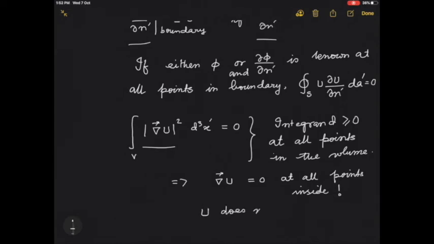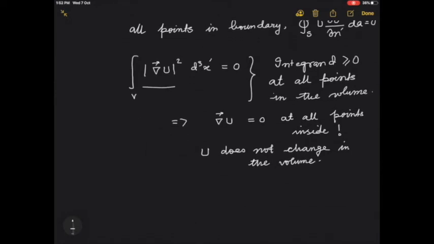What does it mean? u does not change in the volume. And what is the value of u at the boundary? u at the boundary is the difference of the two solutions of phi at the boundary, which, given the boundary condition, is 0.